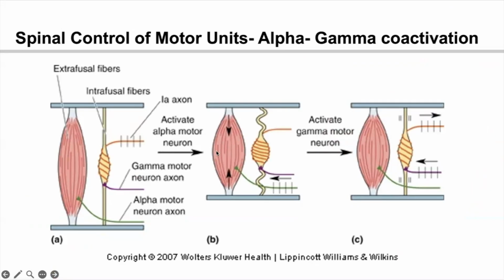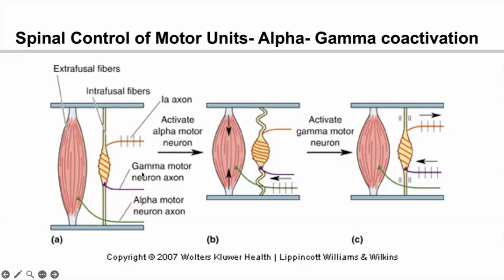As a result, in the inner part, which contains the intrafusal fibers, a slack is formed. Because of this slack, the alpha motor neurons can no longer innervate these extrafusal fibers. If it cannot innervate, then the entire contraction process will subside or not take place.